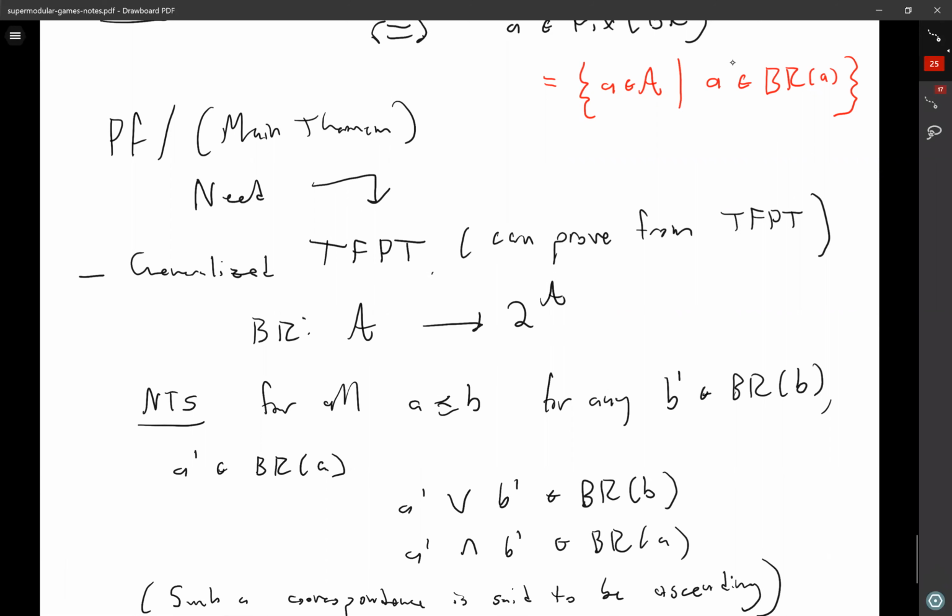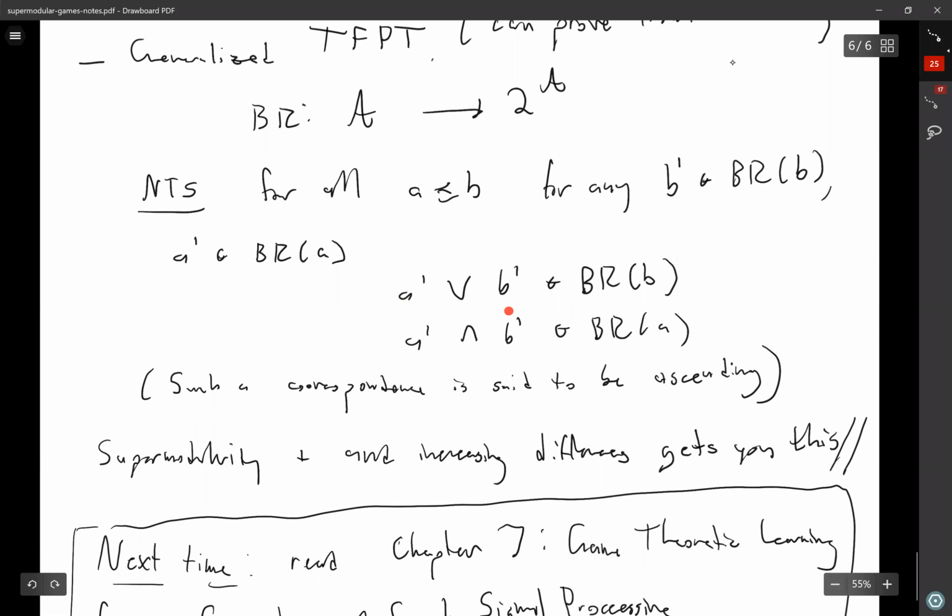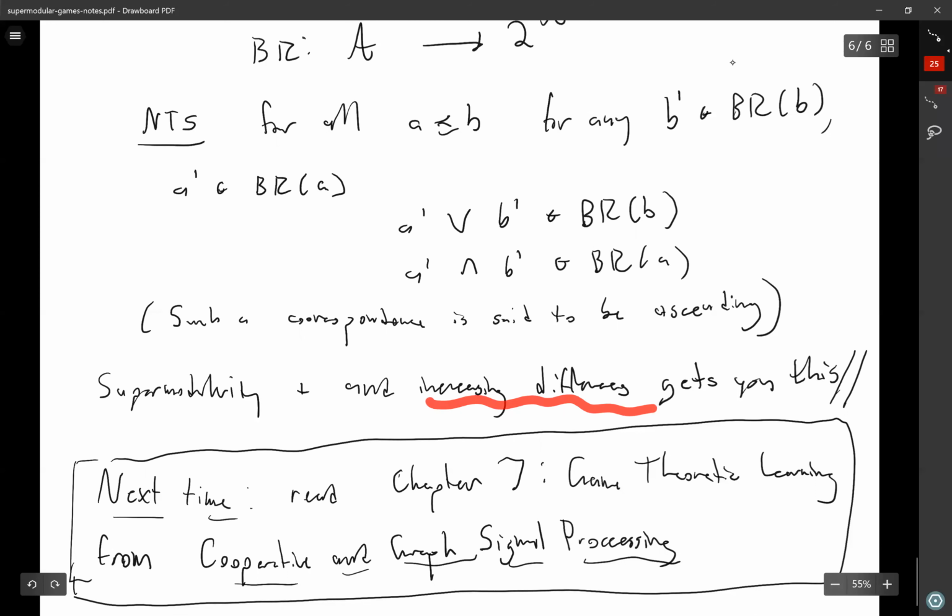And this is kind of why the paper I mentioned is very technical, but they do prove that theorem, and you end up having to show this property called the ascending property, which you have to show for all A less than B. So this is a strategy A and a strategy B. And for all B prime that are a possible best response for strategy B, and A prime for strategy A, you have to show that their join is in BR of B and their meet is in BR of A. You can show this by applying supermodularity of the utility functions and this increasing differences property, and you get what you want.